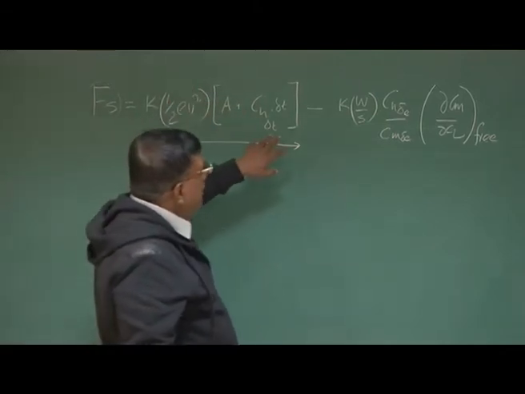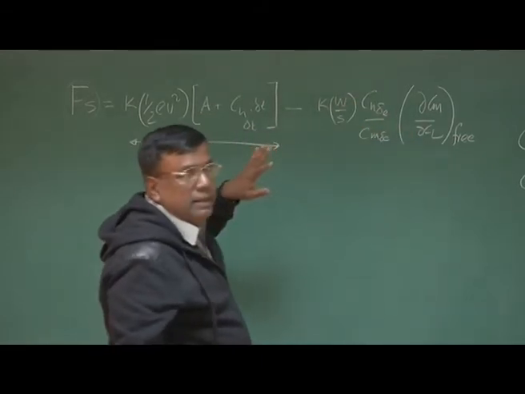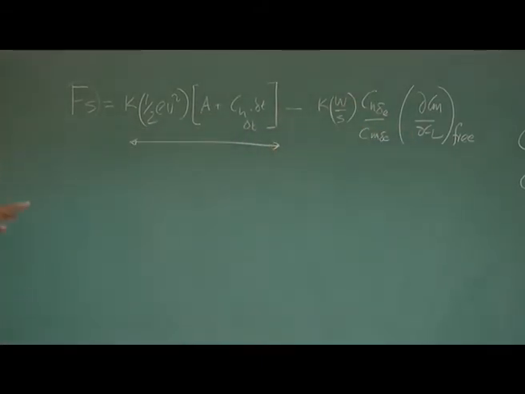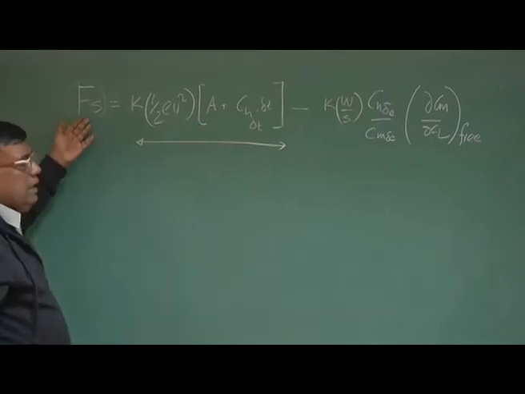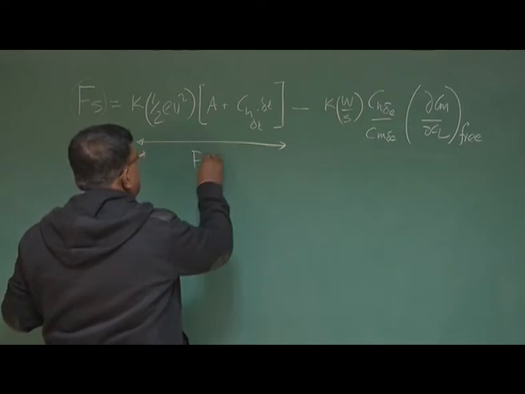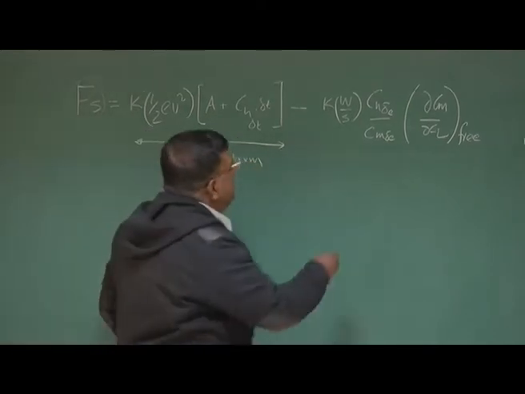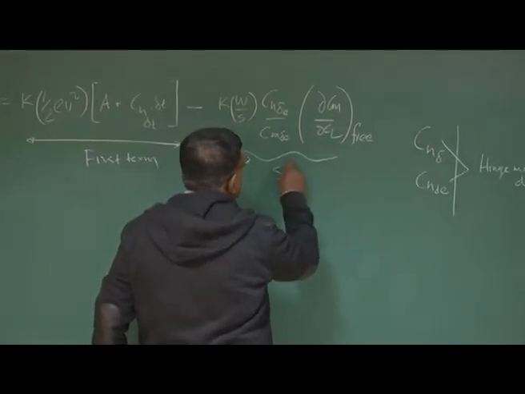Interestingly, the second term is independent of V. So the variation of stick force with V comes from the first term, and not from the stability characteristics.